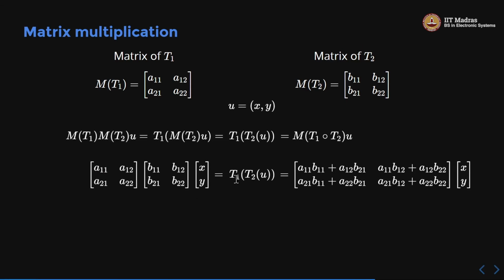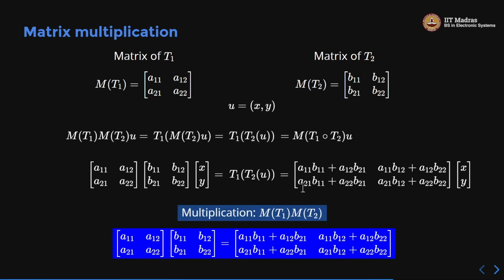So what you see here is that this m of T1 multiplied by m of T2 times xy has to be the same as this matrix we had for T1 composed T2 times xy. So from here you define that the matrix multiplication of m of T1 and m of T2 is actually this matrix.